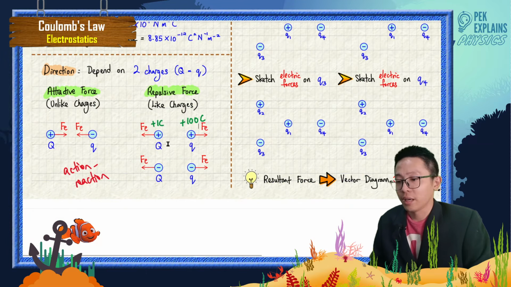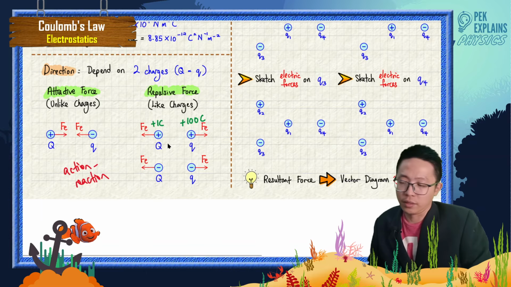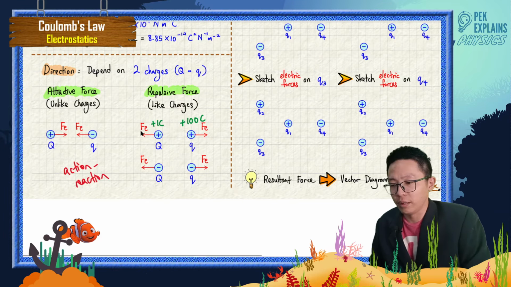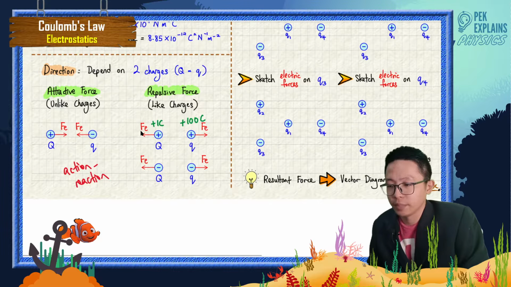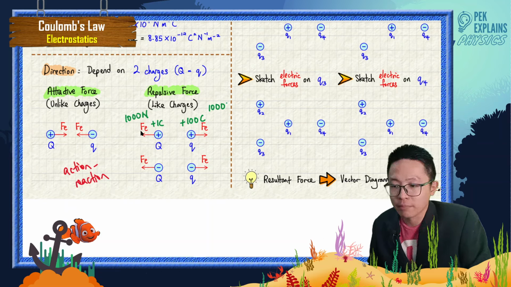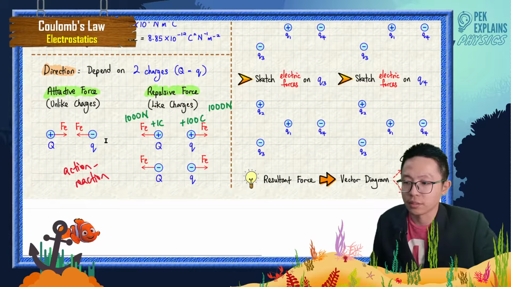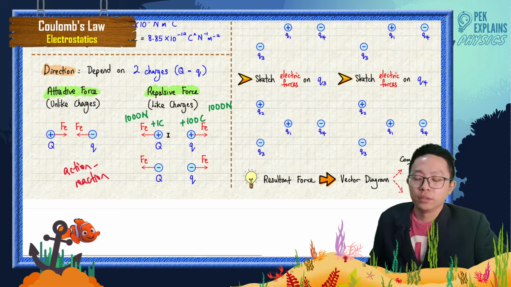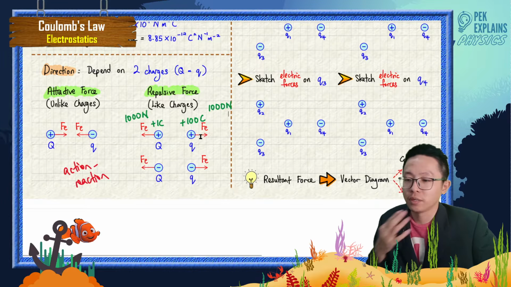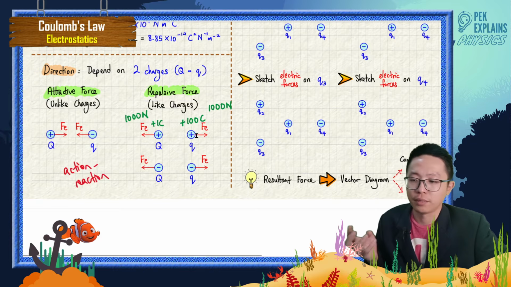So if the one coulomb charge has a force of maybe 1000 Newton, the 100 coulomb charge also will experience the same amount of force, 1000 Newton. You cannot say one coulomb is pushed by a bigger force but 100 coulomb is pushed by a smaller force.